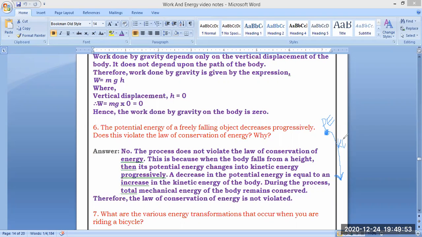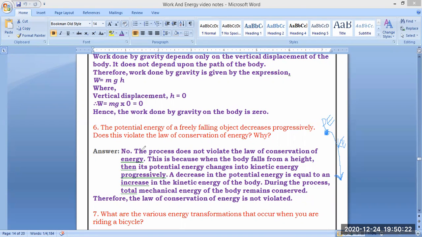So the potential energy has been converted into kinetic energy. Whenever there is a transformation of energy, there is the law called the law of conservation of energy. So is it violating any law here?